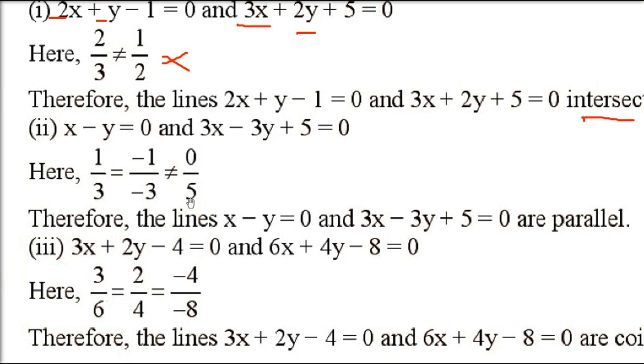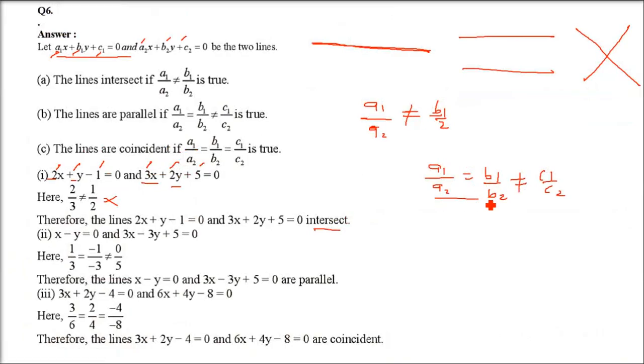You see that a1 by a2 is equal to b1 by b2, but it is not equal to c1 by c2. Because 1 by 3 is equal to minus 1 by minus 3, and it is not equal to 0 by 5, that is 0 actually. So we say that these lines are parallel.